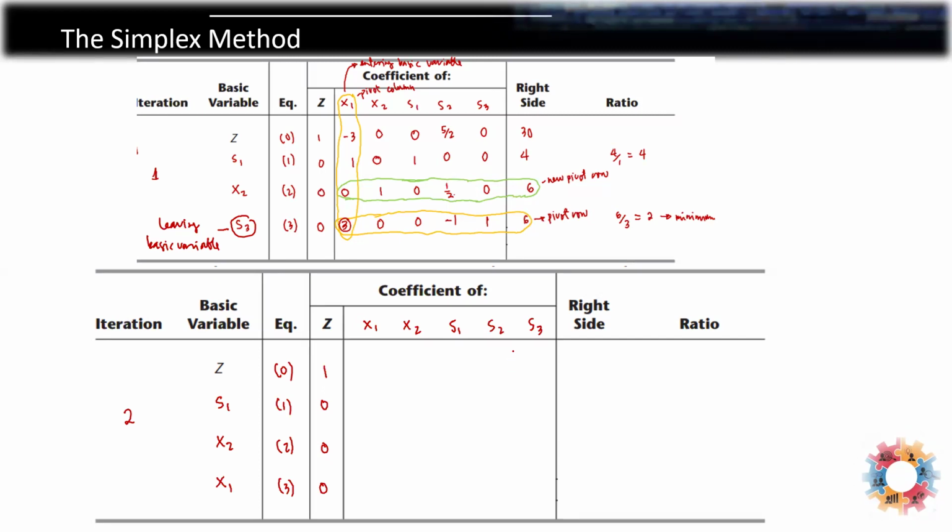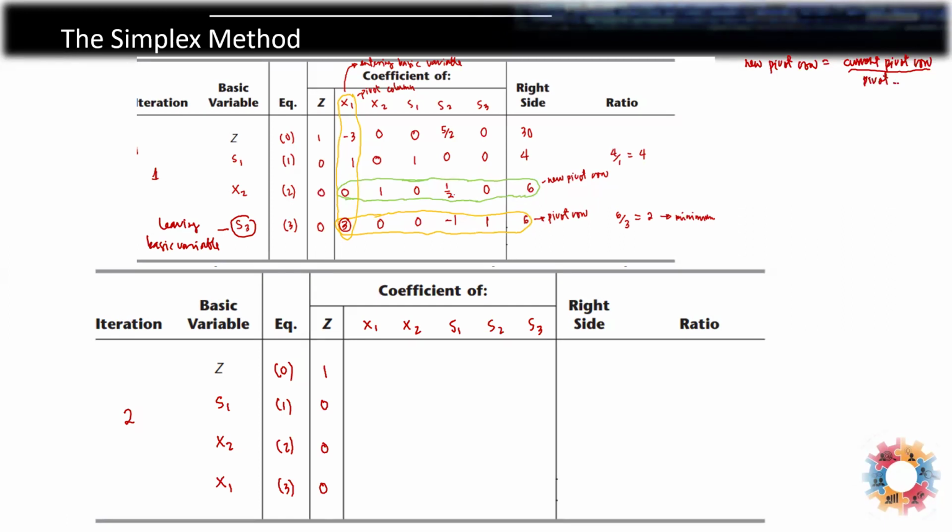And how do we obtain the new pivot row? We've indicated the formula a while ago. For the new pivot row, we say that the new pivot row is equal to the current pivot row divided by the pivot element.